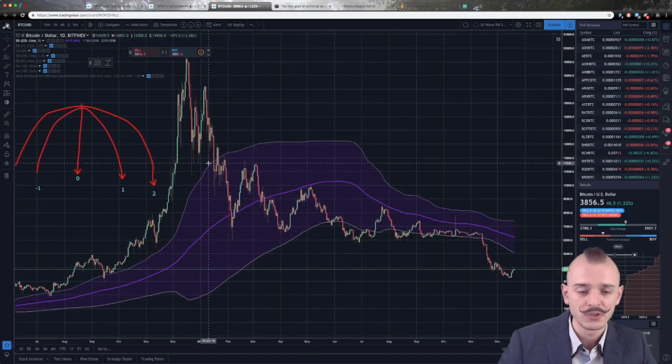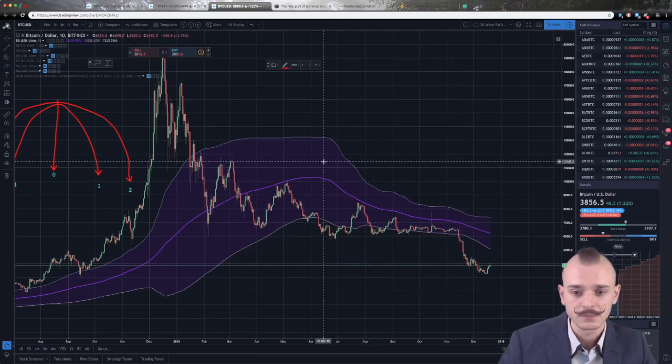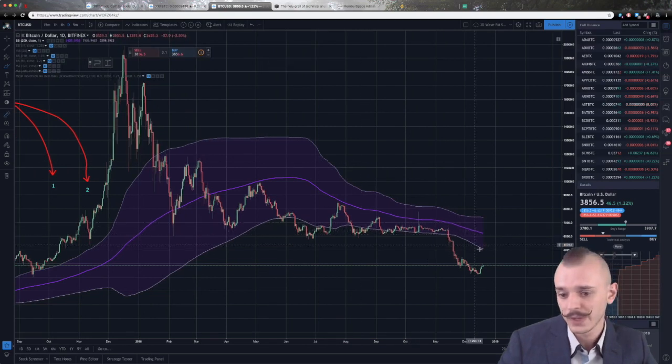For the previous 200 candles, how much data should the first standard deviation contain? And we can count back 200 candles, okay?